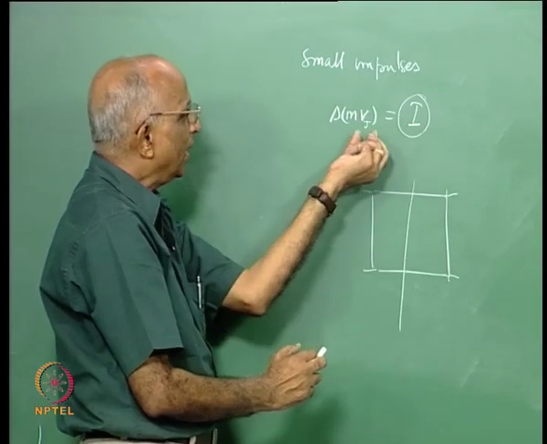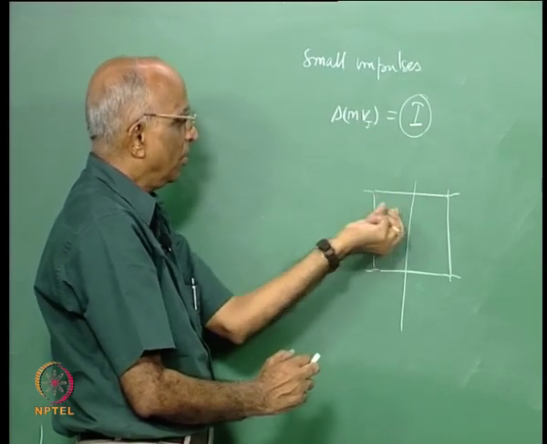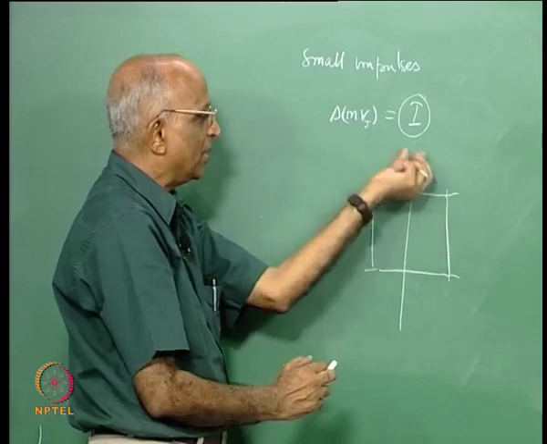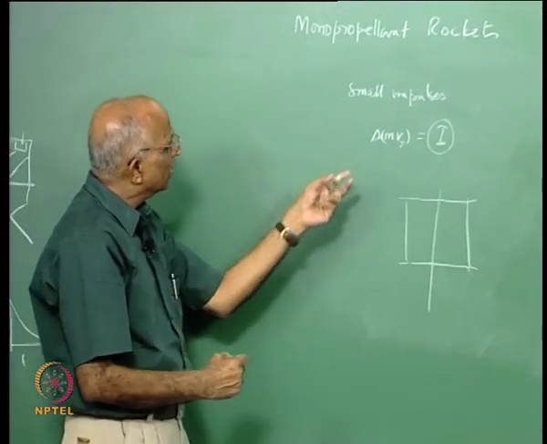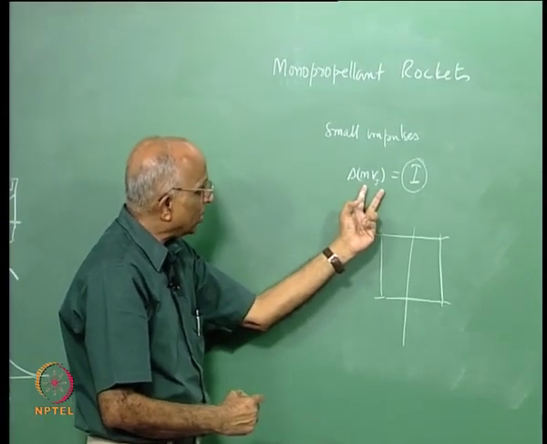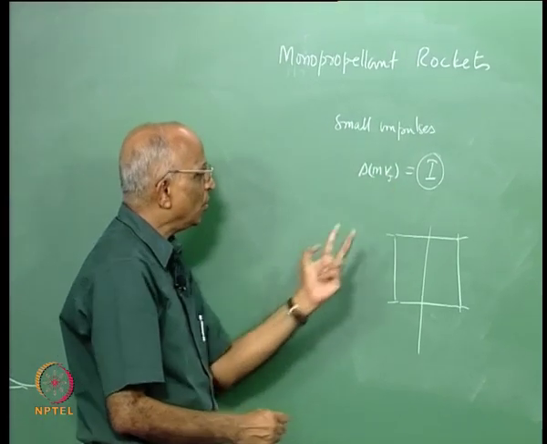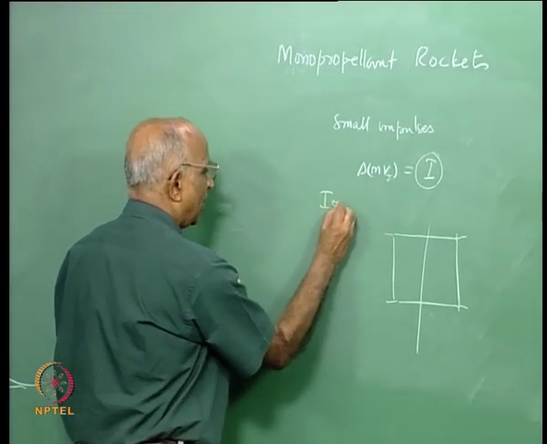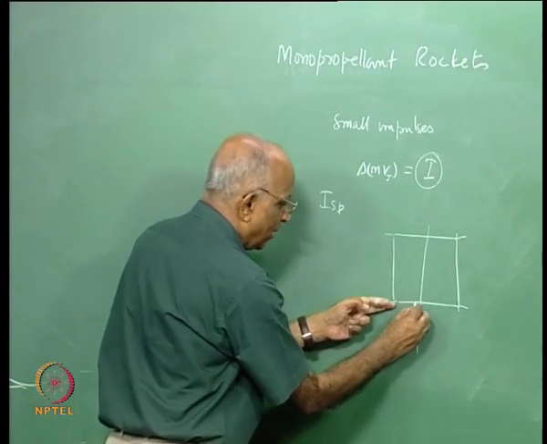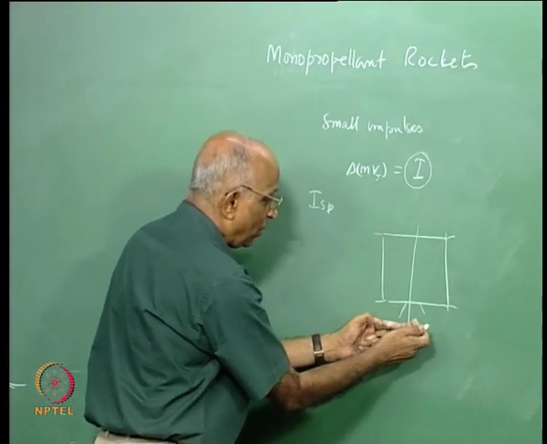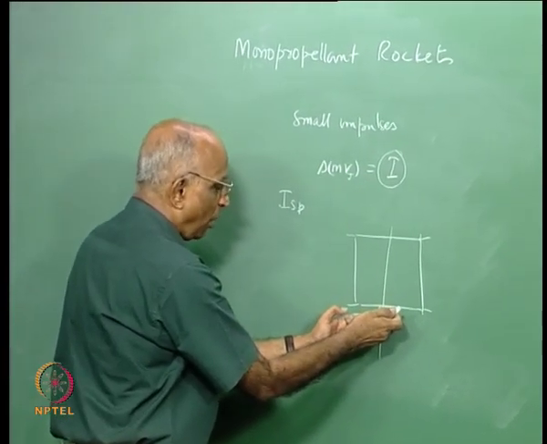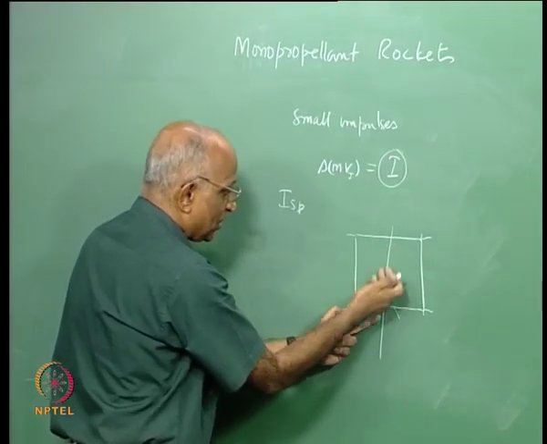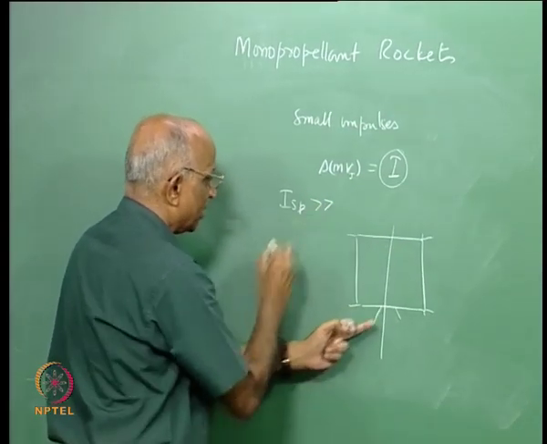I need a very small amount of propellant to make a change in momentum. Now it is very useful for small corrections, but I also would like to have a higher value of specific impulse if I want to take a satellite from one orbit to the other. I need to supply a steady value, I need a larger value of ISP.